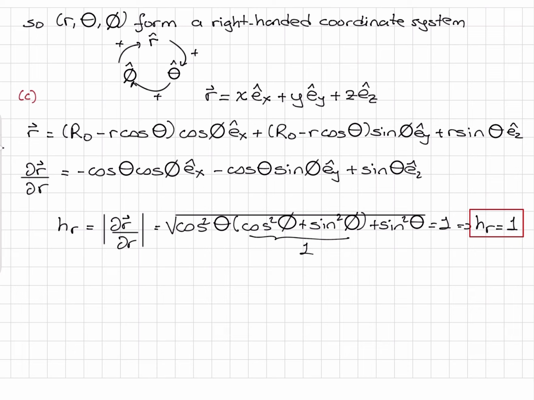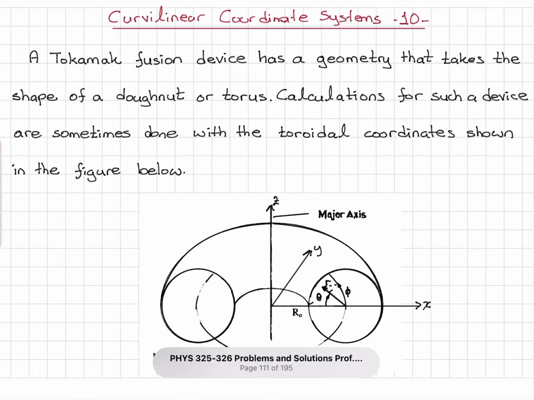Now I need to take the partial derivative of the position vector r with respect to theta, the angle theta. Here I have theta, so it's cosine theta. That gives me minus sine theta. So this will be r sine theta cosine phi in the e_x hat direction.